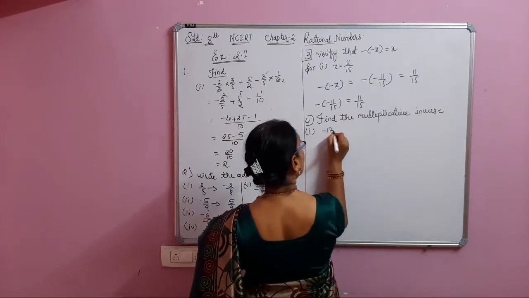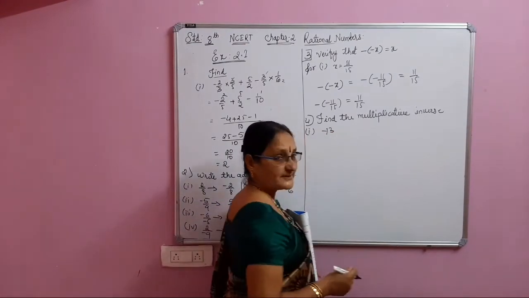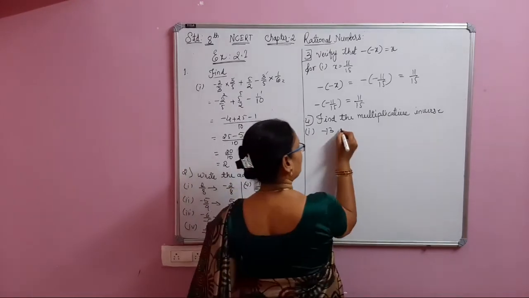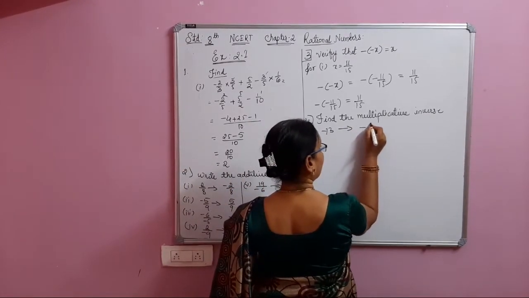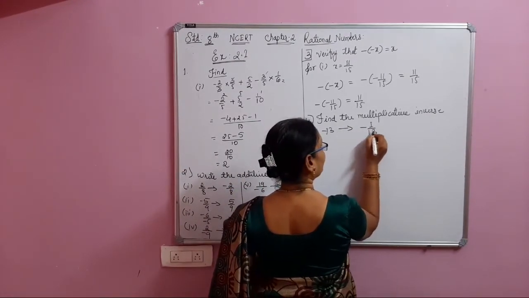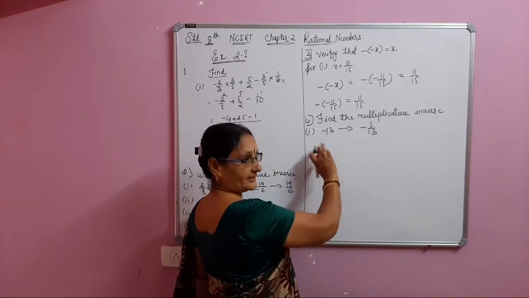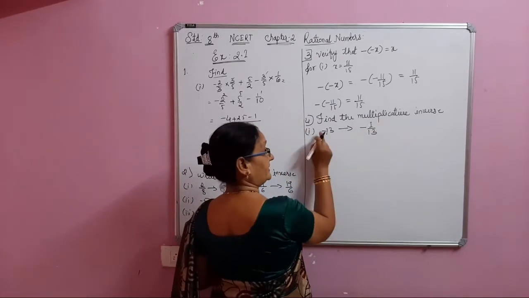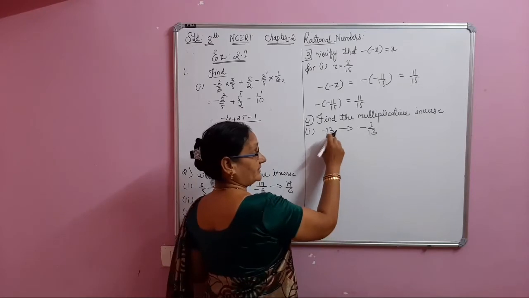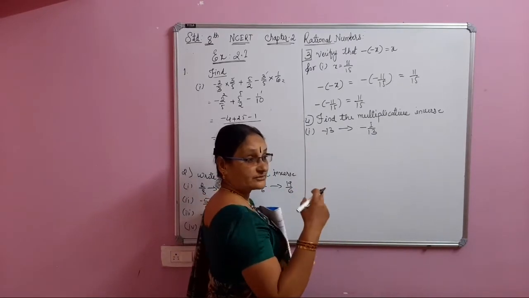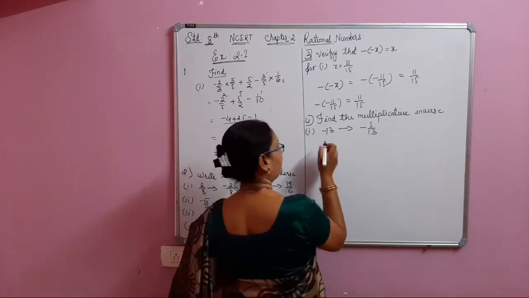Minus 13: multiplicative inverse means nothing but the reciprocal. Minus 13 is minus 13 by 1, and reciprocal means minus 1 by 13. The sign remains the same, 13 changes, 13 becomes 1 by 13.